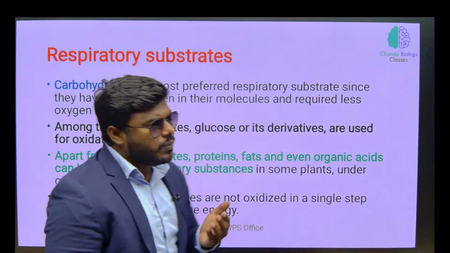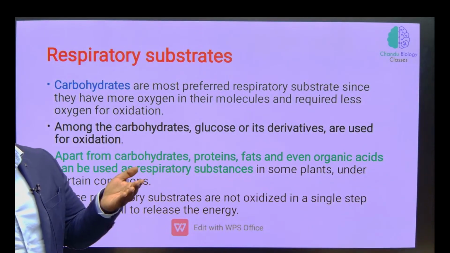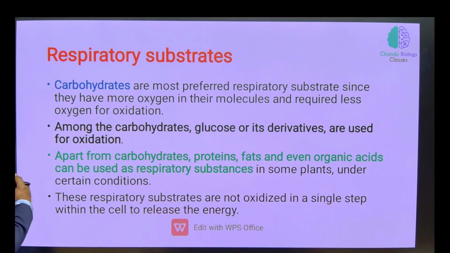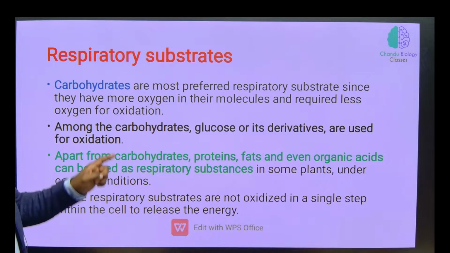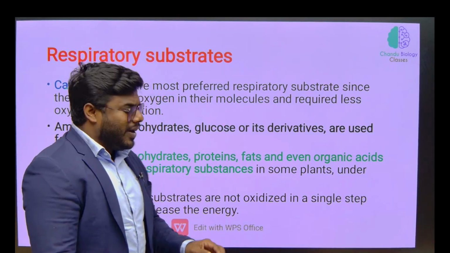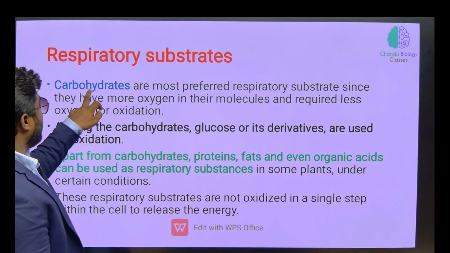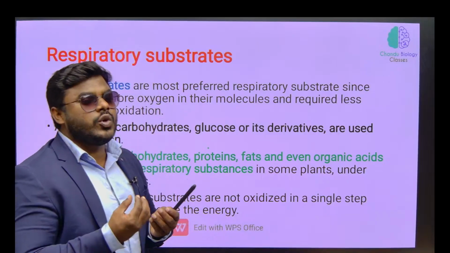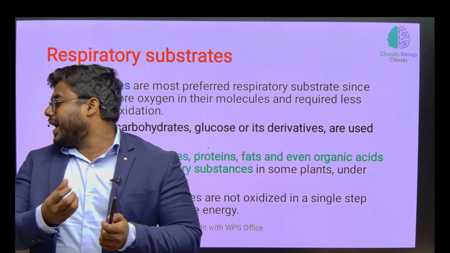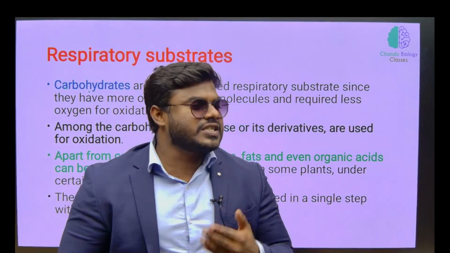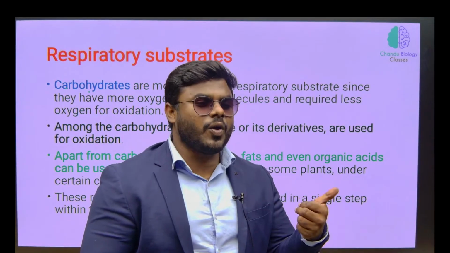Now, how do internal and external respiration differ from cellular respiration? Look at this. What are the various biomolecules we have? Carbohydrates, proteins and fats. If I ask you which of these we use most often for energy production, which is the first source of energy? Carbohydrate, correct?